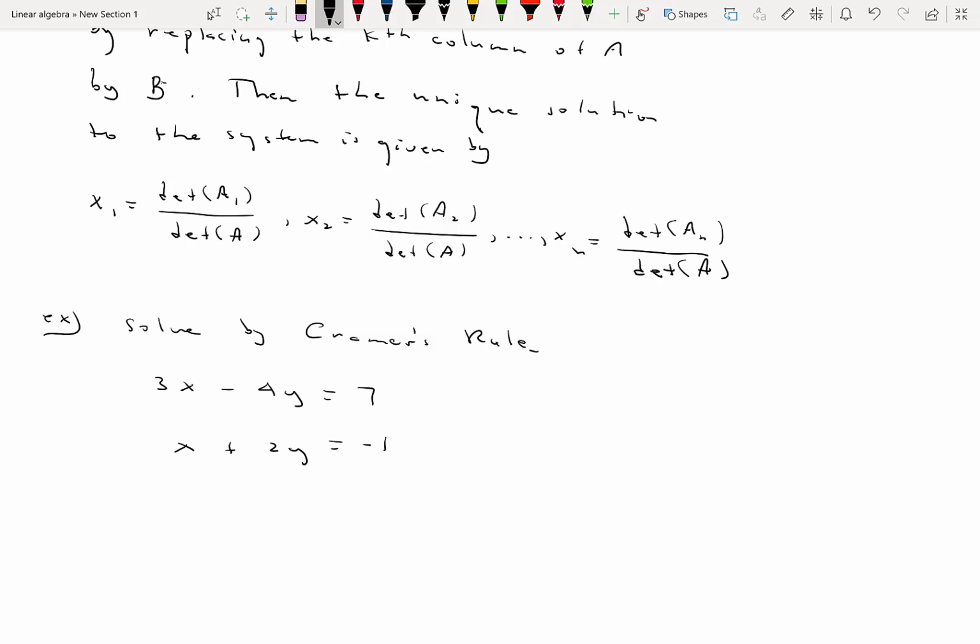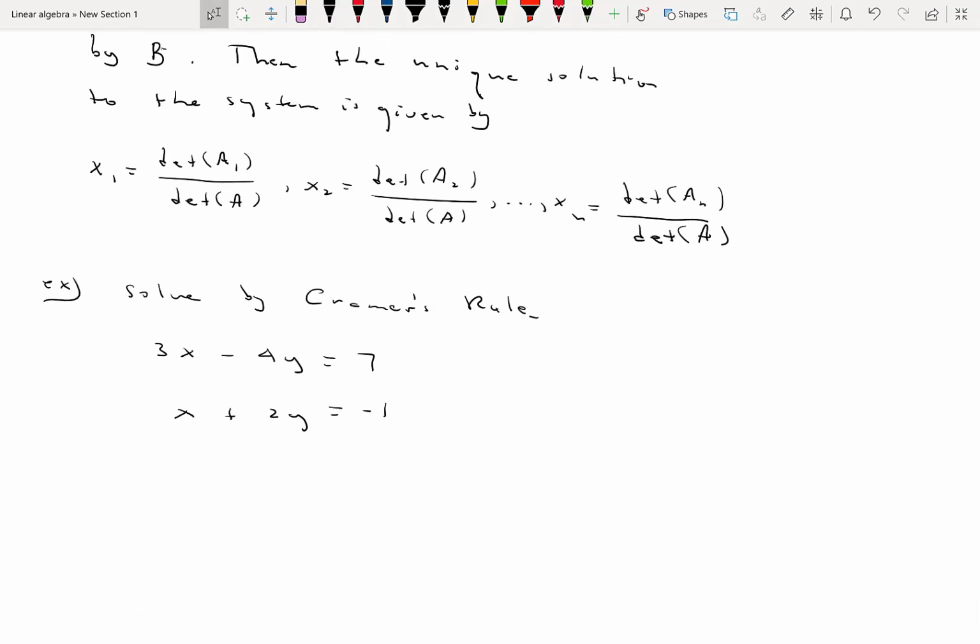I want to solve that system by using Cramer's rule. It's definitely in the right form for a system to be using Cramer's rule. We can rewrite the system in matrix form, Ax equals b.